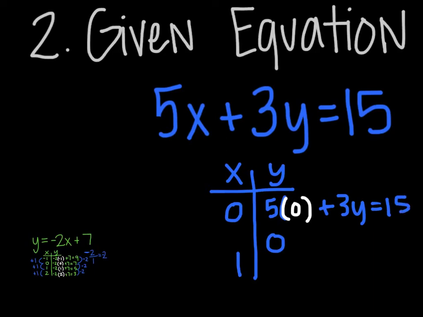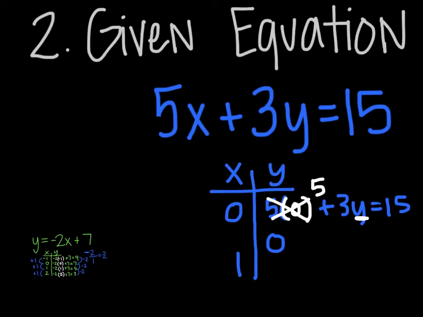And here's where you use your mental math, because 3 times what number is 15? Because this is 0. So 3 times what is 15? Well, obviously, that is 5. So your coordinate then would be (0, 5).